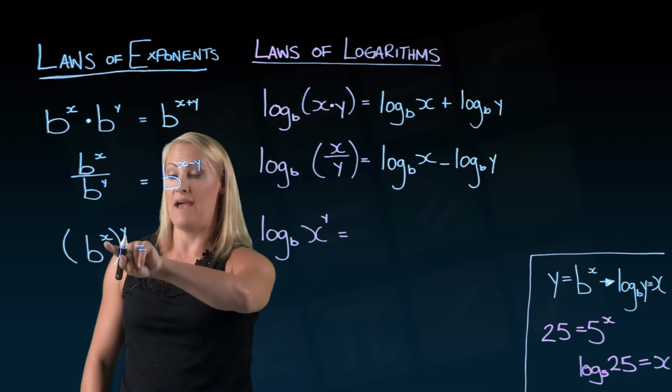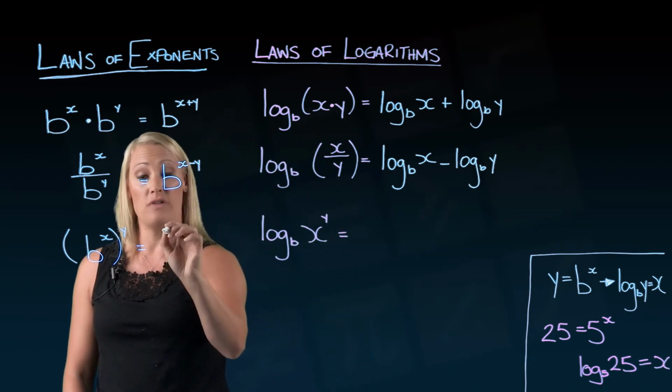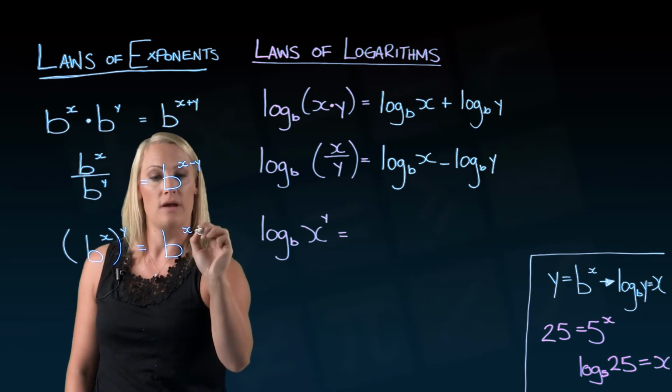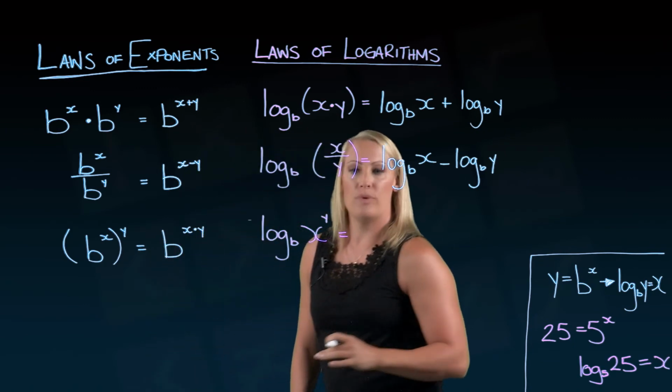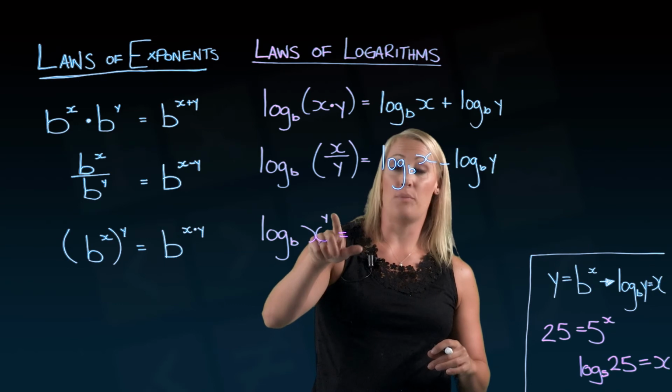Last rule we'll look at in this video is this one down here. B to the power of x in a bracket, and then y on the outside of the bracket. So again, hopefully you know that what I would do with these two variables is I would multiply them together. X times y. Translates a little bit differently over here. I've got log base b x to the power of y.